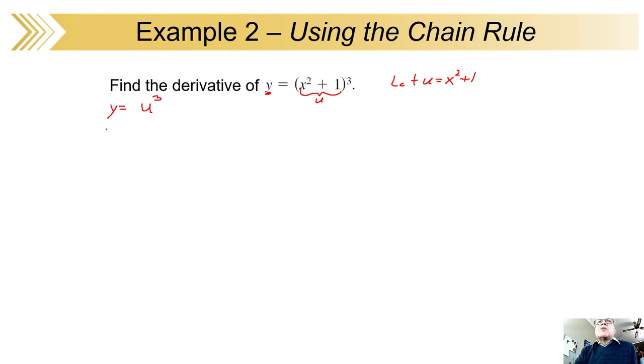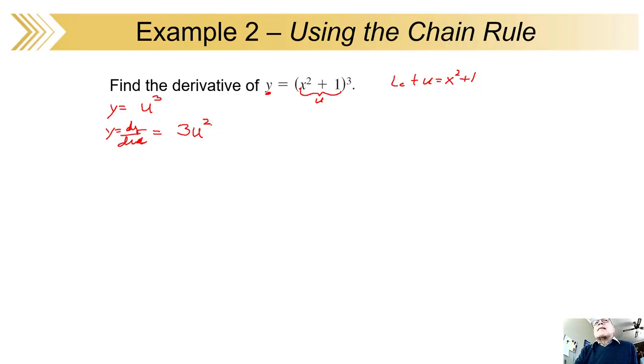Take the derivative of this one, call it dy/du, because u is our variable, so we're going to take dy/du. What is it? Easy. Bring the 3 out front. Don't worry about the inside function. We're just calling it u. That u now has an exponent of 2, and there's my function.